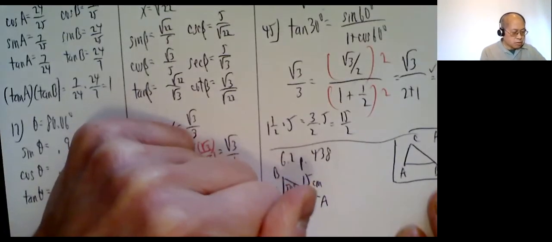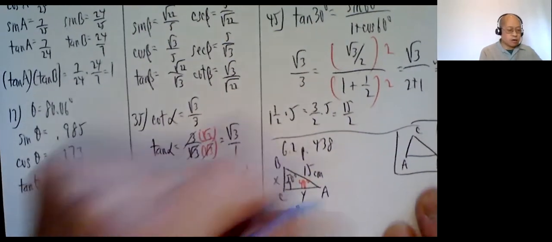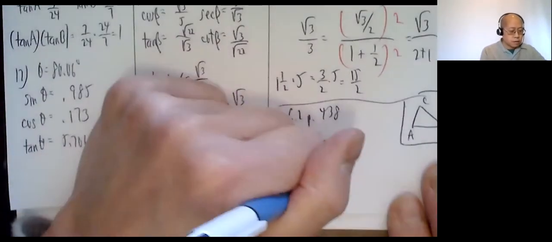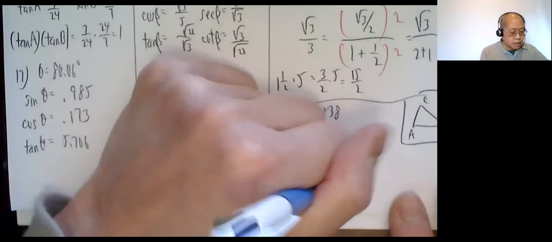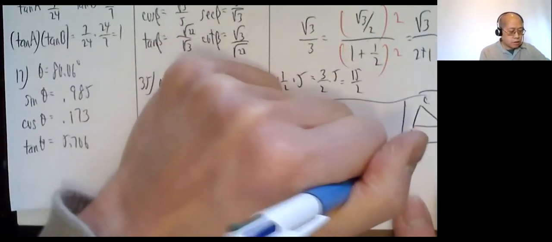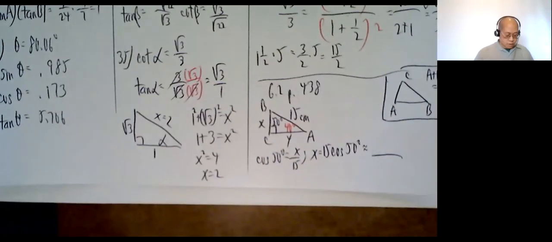So cosine of 50 degrees is adjacent over hypotenuse, X over 15. Multiply both sides by 15. X equals 15 cosine 50 degrees, approximately. Round answers to 1 decimal place.